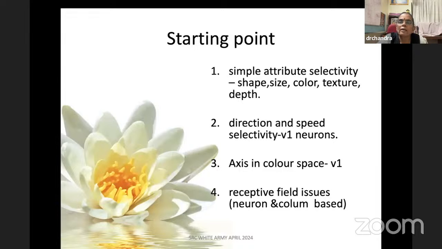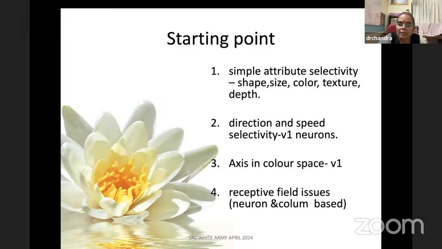So, at the lower level, single attribute selectivity. As I told, shape, size, color, texture, depth. So first we should know all these frequencies of light and colors have to be converted into shape, size, color, texture, and depth. And then the direction and speed, that is processed by the V1 neurons.